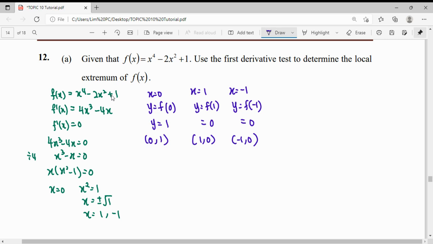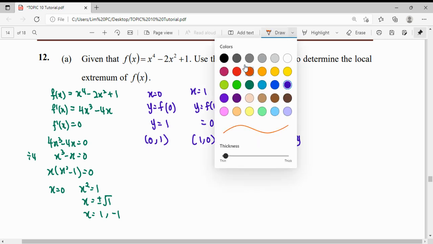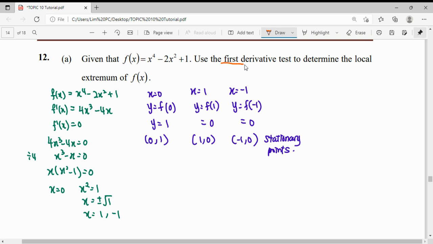From these 3 stationary points, we're going to do our first derivative test, as the question requires.